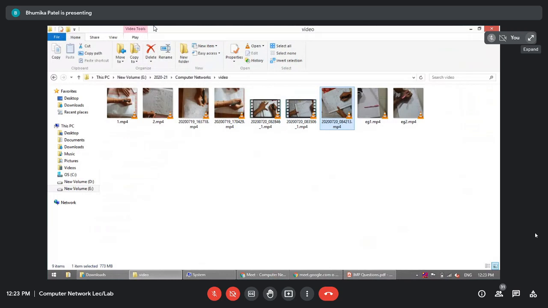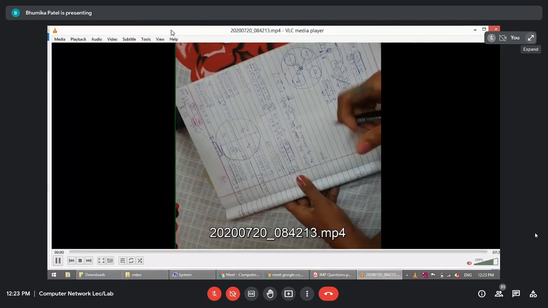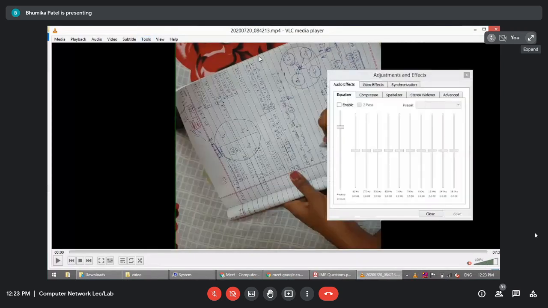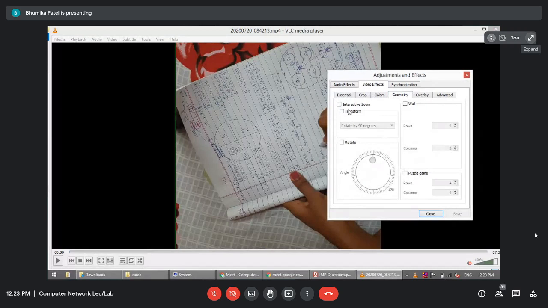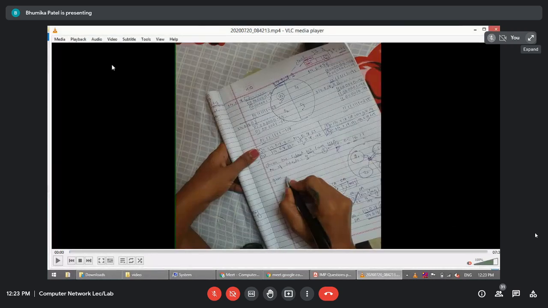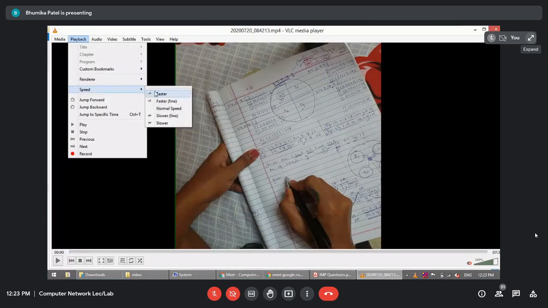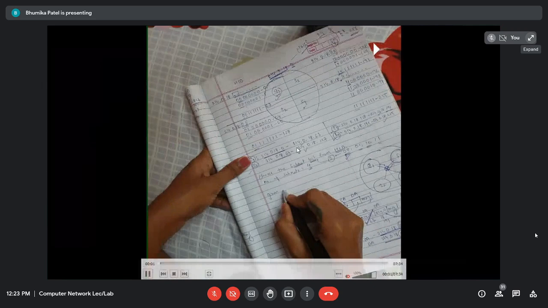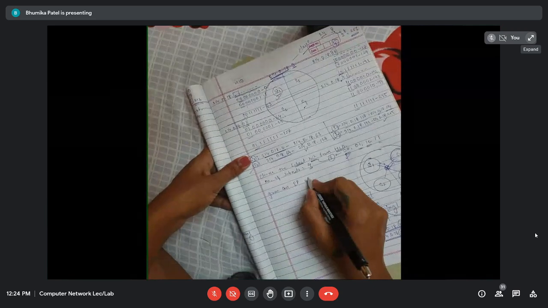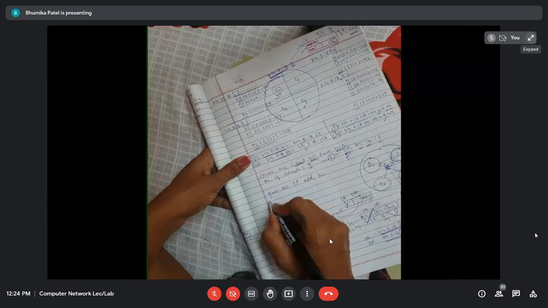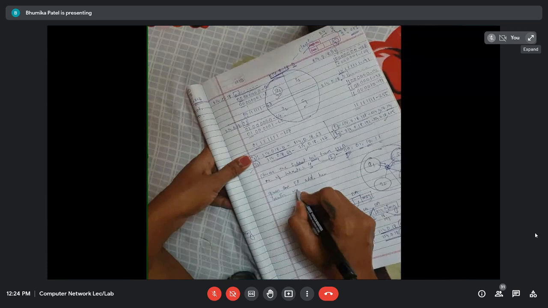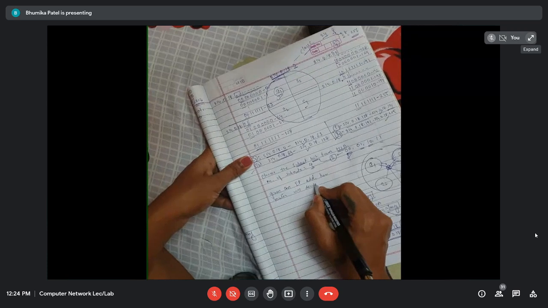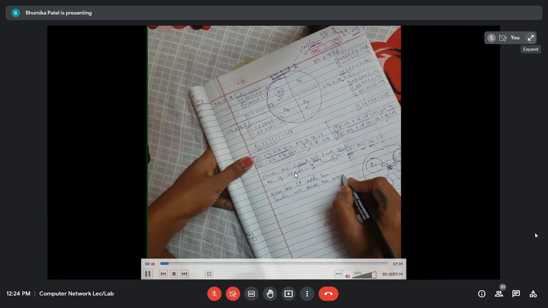Okay, and the last topic that we are going to see today, and it is most important. So here, the question is, if we are given any IP address, then how will the router determine which subnet the IP address belongs to.